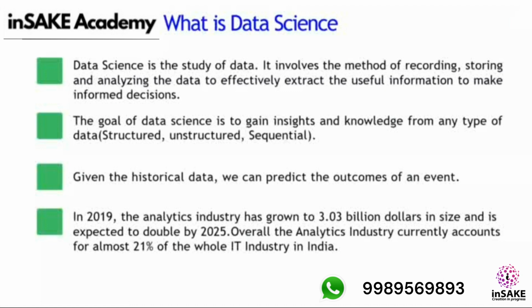Based on the previous data which the business has, we will apply machine learning algorithms on it, and then we will find the patterns in that data. The algorithms will do all of that, and it will predict for a new customer. Let's say we have some 10,000 data points from which we have developed the model.